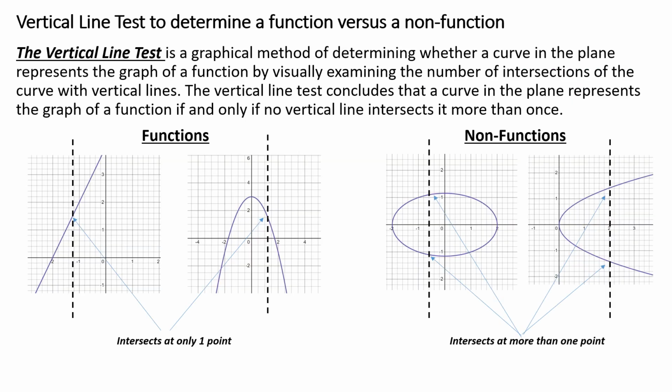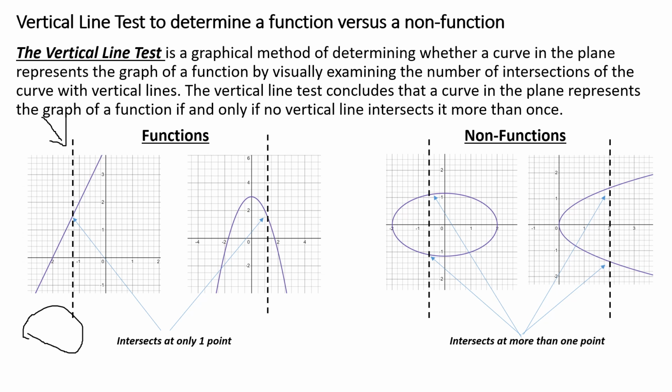The vertical line test is graphically the simplest way to determine if it is a function. If I have a vertical line on this first equation right here, this is basically a linear equation, and the vertical line test, my dotted line right here, can only cross at one point instantaneously.